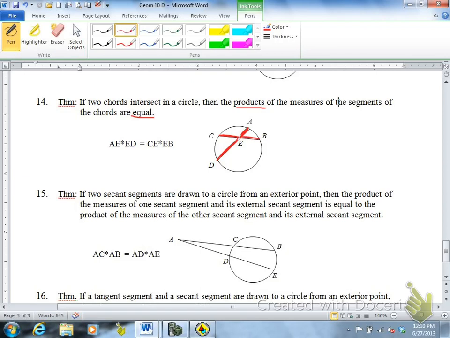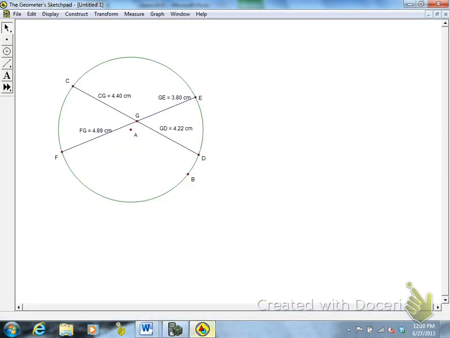Now what I have right here is a geometry sketchpad just to show you this theorem is true. It's inductive reasoning here. I measured the segments right there. Here's this segment, GD, in circle A. Chords don't have to go through the center of the circle. And then CE is right there. I can move these around, and all these different lengths are changing because each segment is changing.